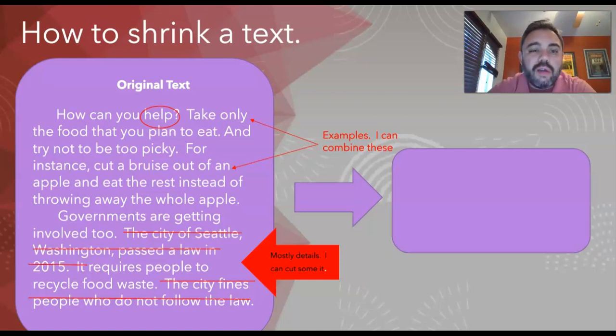All right, so now that I've identified the main idea, I've made some connections and identified some similarities between some of the details, and I've actually cut down some of the sentences by eliminating unnecessary words and phrases, I can put this together in my own words, paraphrasing it into 1 or 2 sentences. Let's take a look at that now.